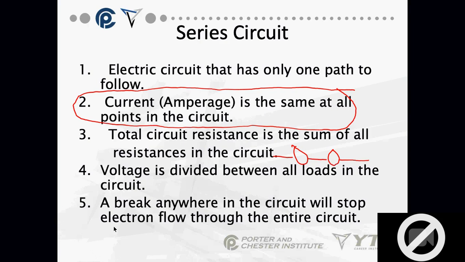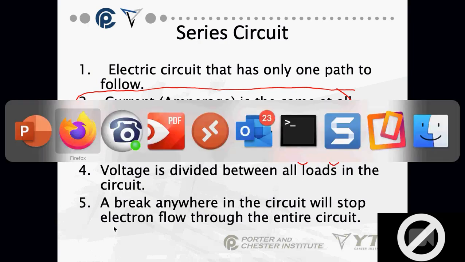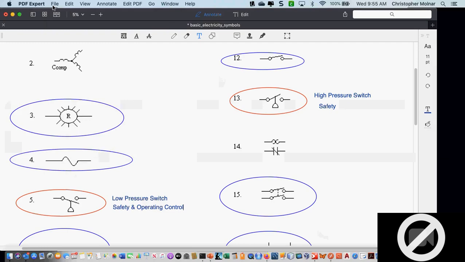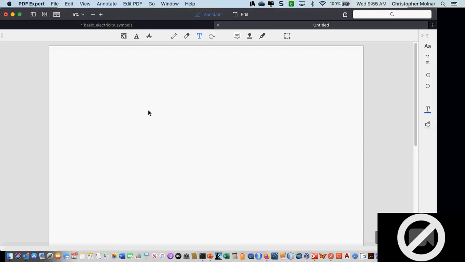So we have some basic rules to a series circuit. Let me hop to another screen here so we can sort of make a list real fast. Series circuit. Amperage is the same all the way through the circuit. Voltage adds up to the total voltage.